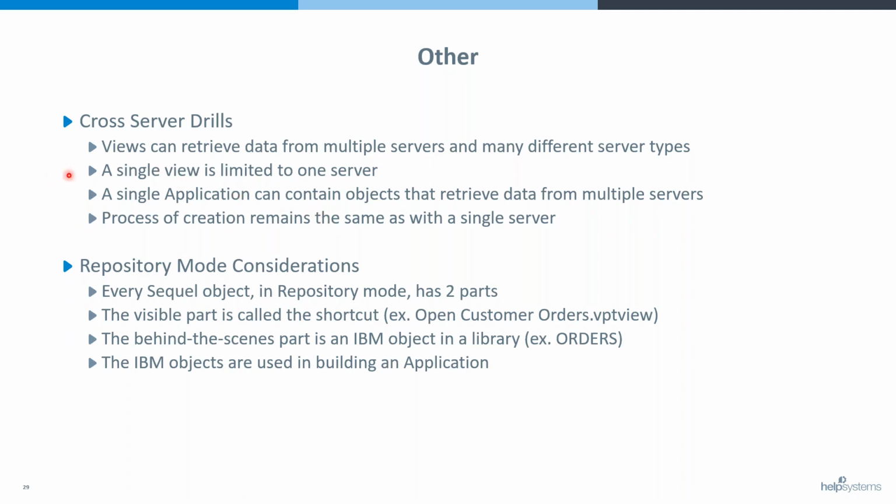So I can have an application that begins with a view that looks at my IBM data, and when I need to get to the data that's in the payroll system, which is on my Oracle server, I can have a view that uses the Oracle server's data, and all I have to do is create a set var to match the field name from the view that's got IBM data to the variable in the view that is interrogating the Oracle database. So you don't have to limit yourself to the IBM.